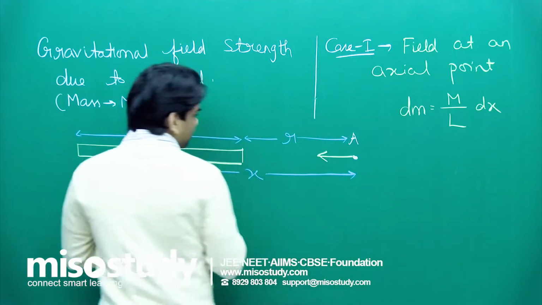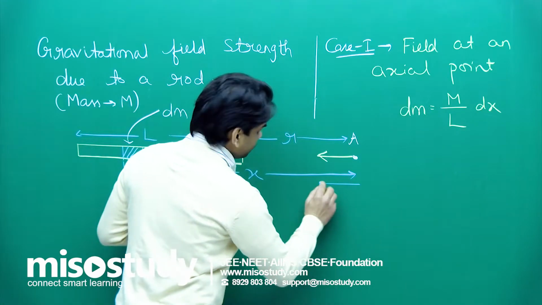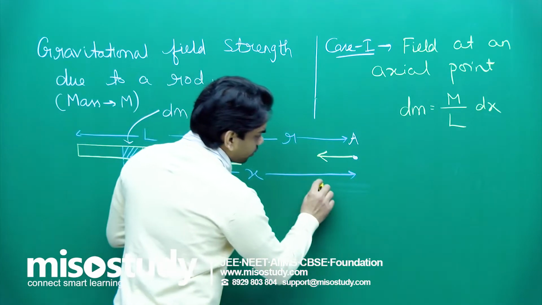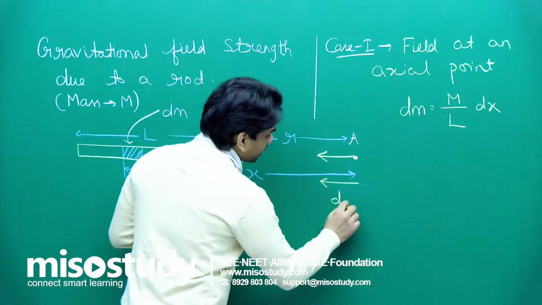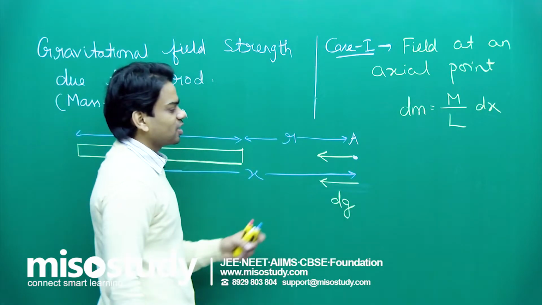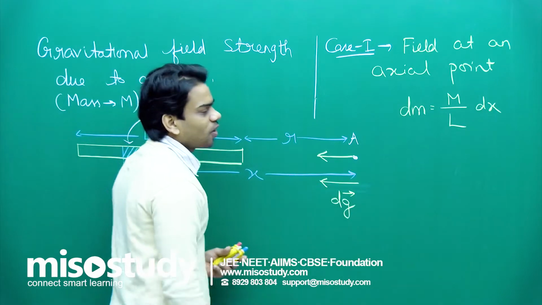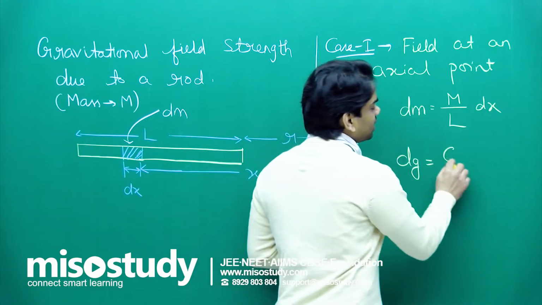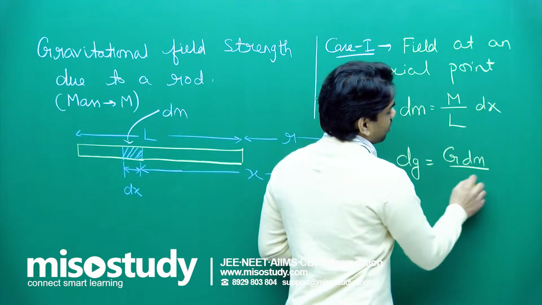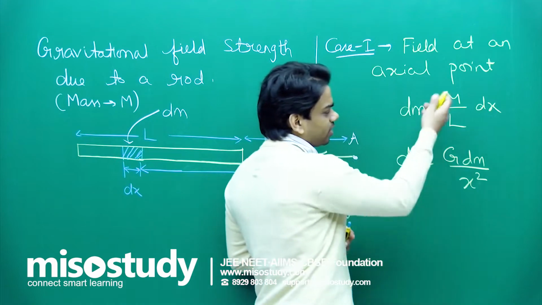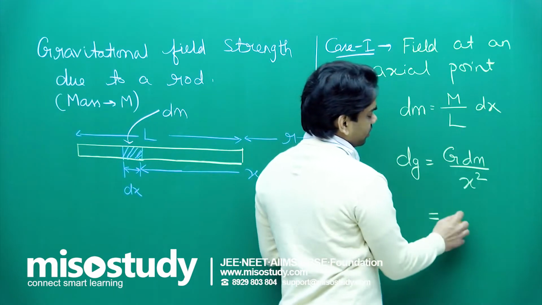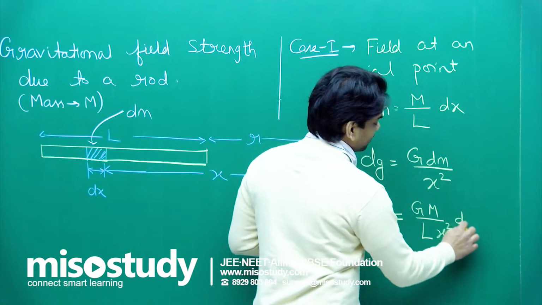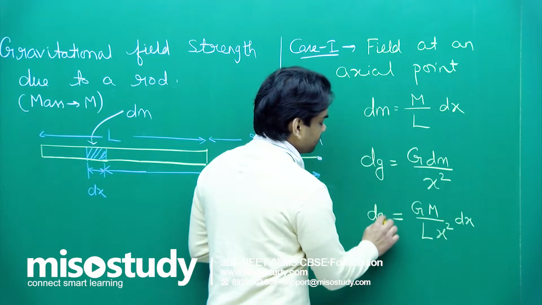So if I mark this small field as dg, because I am going to represent the gravitational field using the value g, let me use dg as the small field due to the small mass. So dg will come out to be, using only its magnitude, G dm upon x square. The value of dm can be substituted here, so we will be getting GM by L x square dx. This is the value of dg that we have obtained.